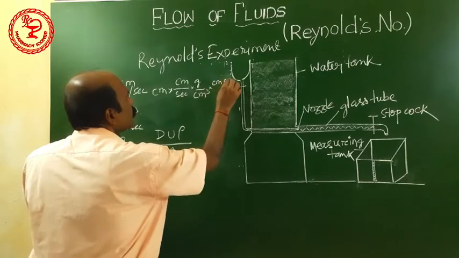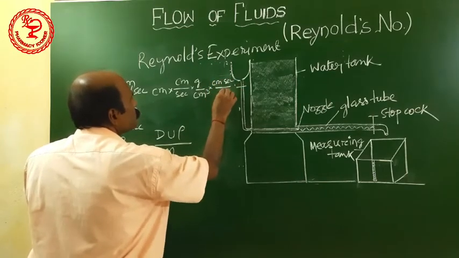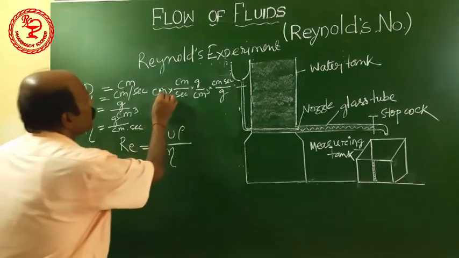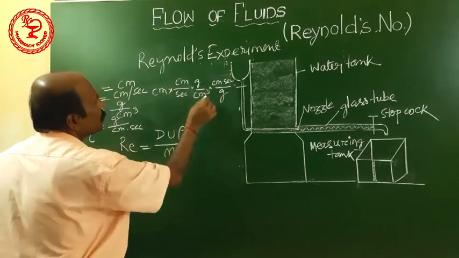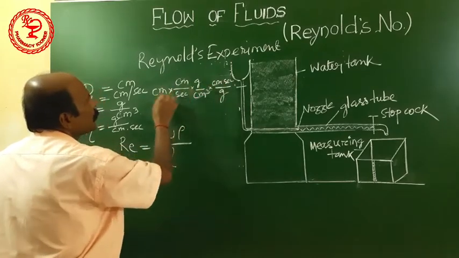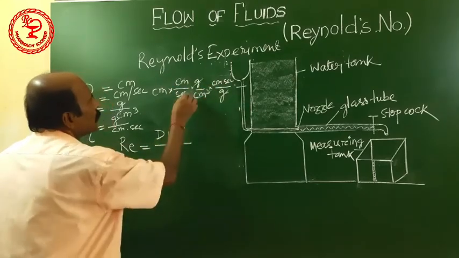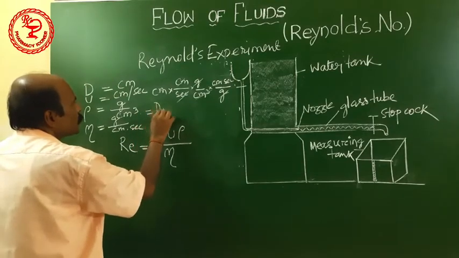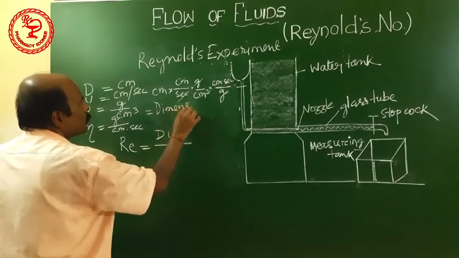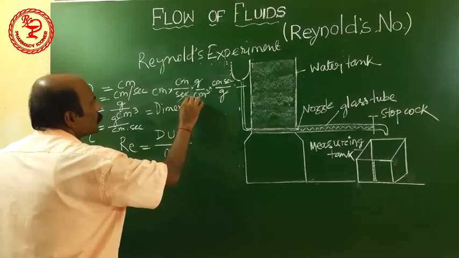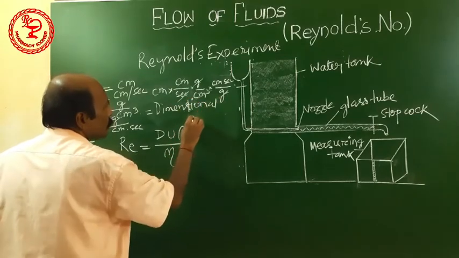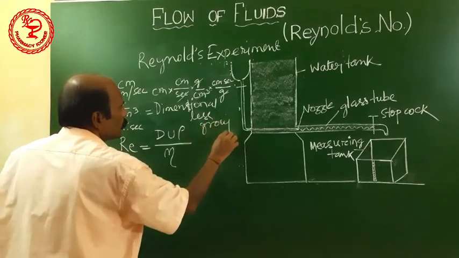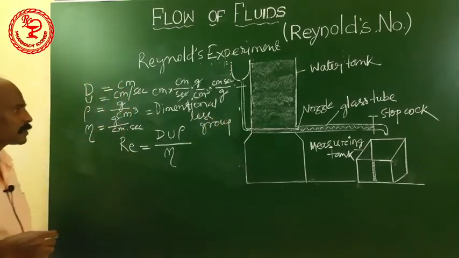Now you see the centimeter, cube centimeter will cancel, gram and gram will cancel, and second will cancel. So it is a dimensionless group.